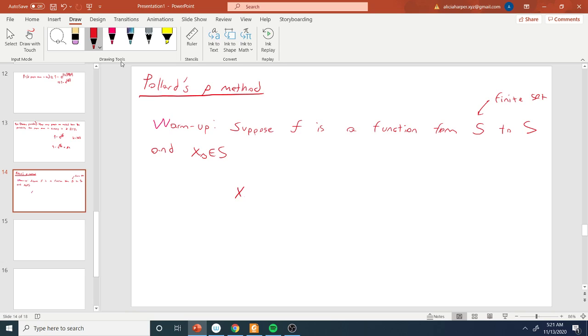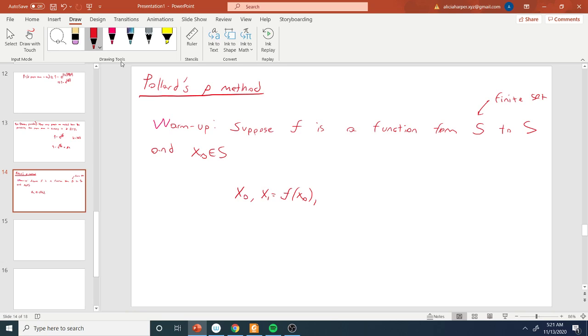We start with x naught, and then we compute x1. x1 will be f of x naught. So we take our function and apply it to x naught, and this gives us another element, x1.